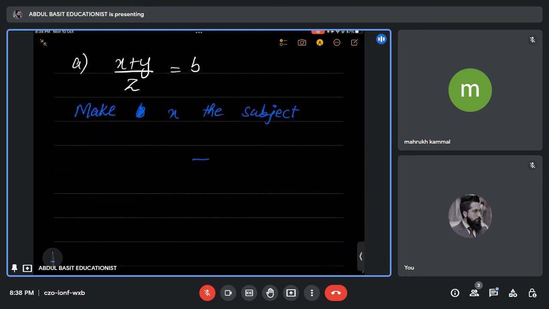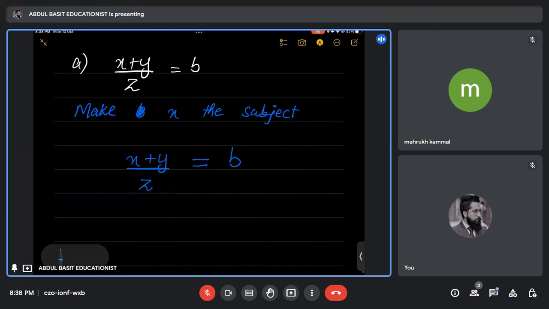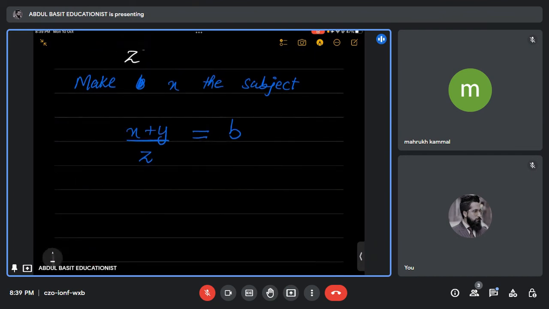So write equals to first, write the question as it is, x plus y divided by z, right? So in this question you can see that this z is dividing both x plus y. Agree? Or I can say that x plus y is divided by z. That's the correct thing, right?